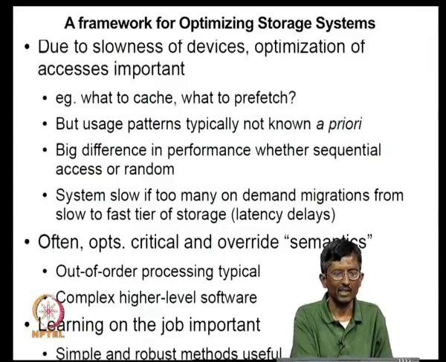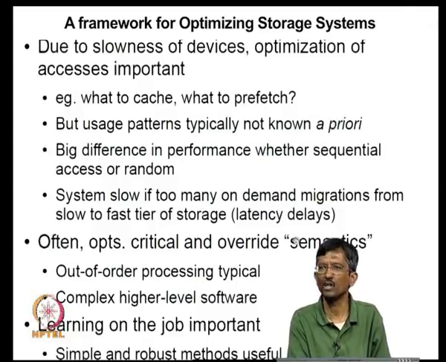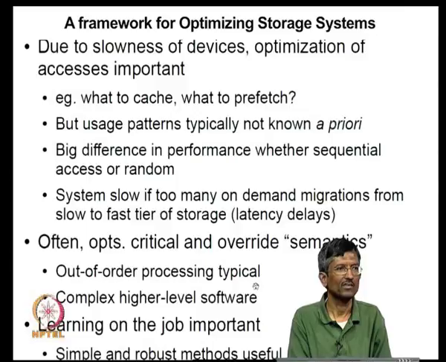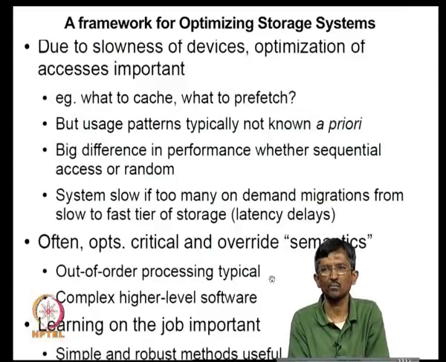Okay? Again, similar to that, if you are doing tiering, the system is slow if there are too many on-demand migrations from the slow to the fast tier of storage. There are too many latency delays. Okay? Often optimizations are critical and override semantics. I already mentioned this, out of order processing is typical. That's why you have complex higher level software. And for the same reason, databases and file systems are slightly complex things.